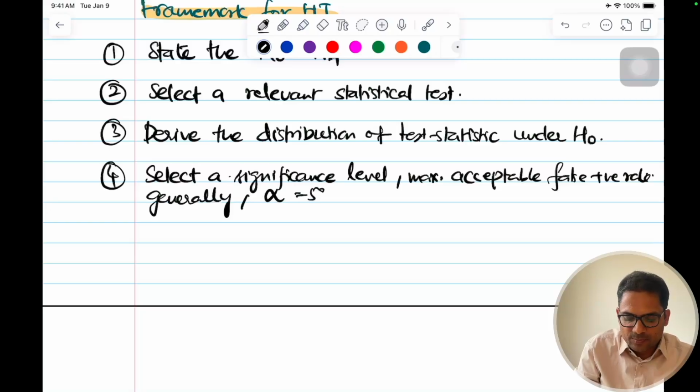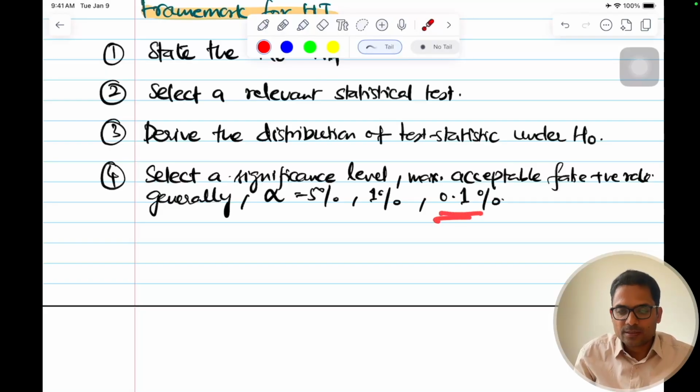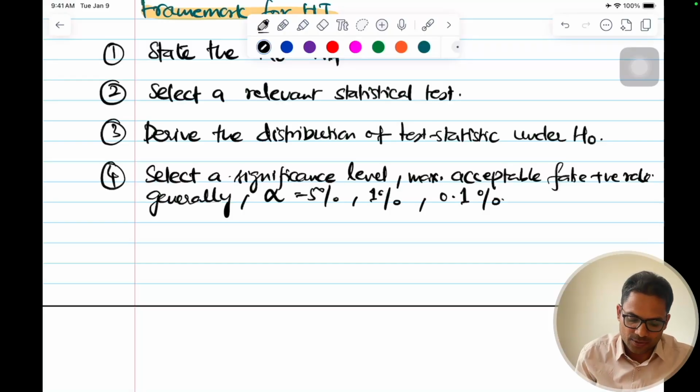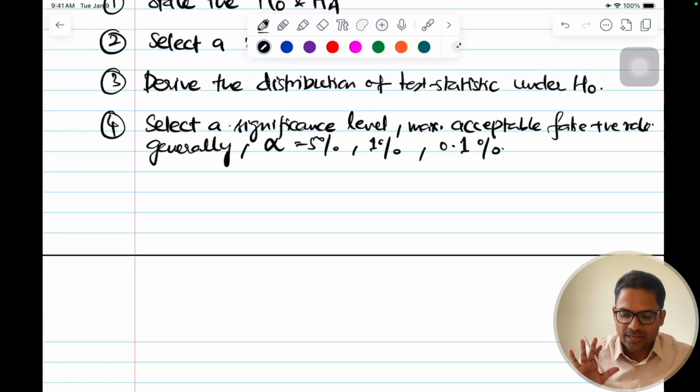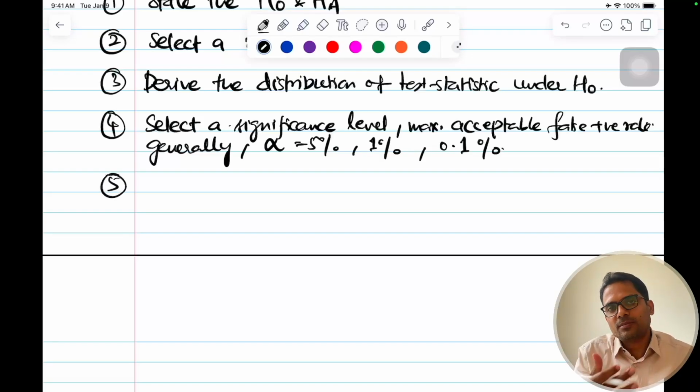Generally it's 5%, also 1%, and for medical tests it is even less, 0.1%. So generally 5% is the norm. That's alpha, the significance level. If it is beyond that, then I'll accept the null hypothesis, that I am willing to accept a 5% false positive rate. If you don't understand false positive, I'll discuss that also in this video.